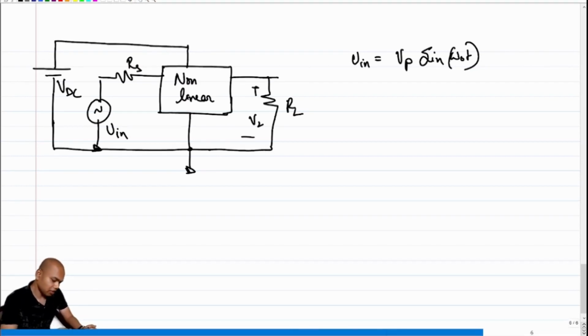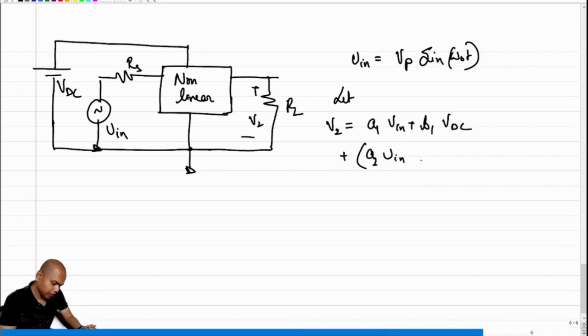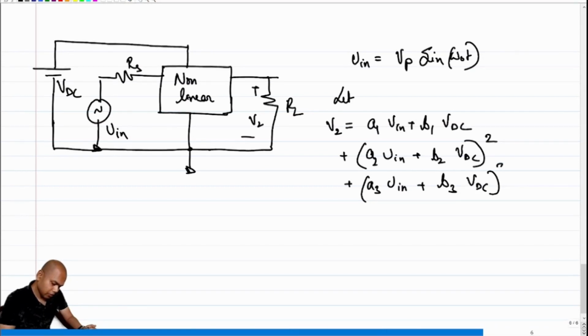Let V2 be equal to A1 times V in plus B1 times VDC, plus A2 times V in plus B2 times VDC, whole squared, plus A3 times V in plus B3 times VDC, whole cube, and so on.